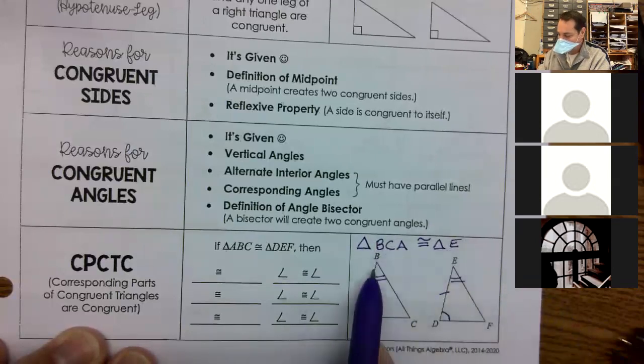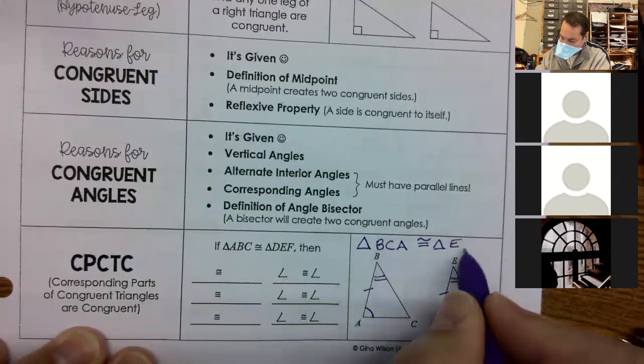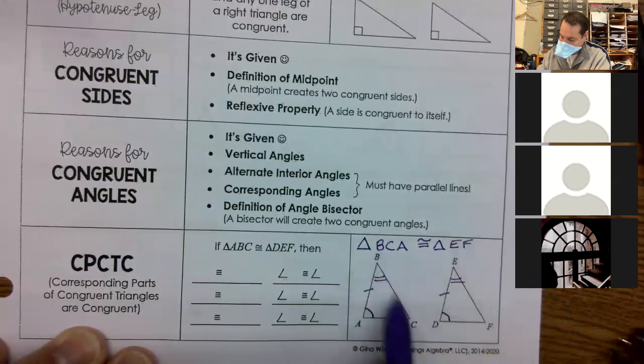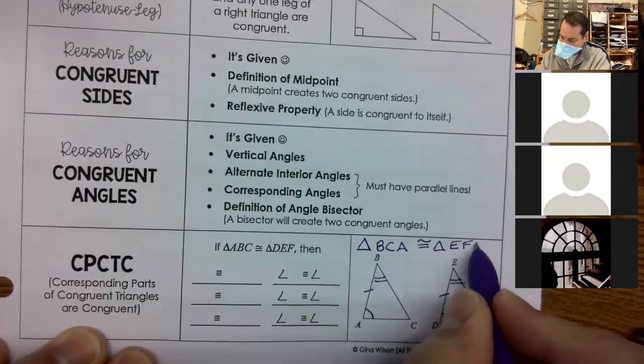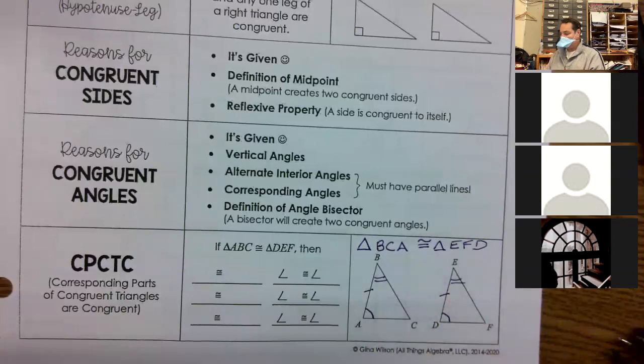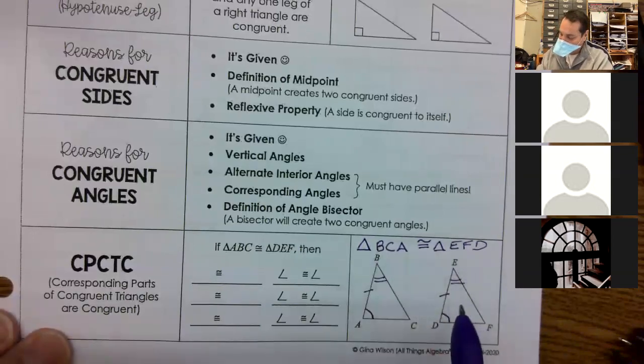Then I'm traveling to C. C is the angle that's not marked as congruent. So what angle corresponds to that here? F. So BCA would be EFD as a corresponding triangle. And it's really important that we write it that way, because then the corresponding parts all line up.